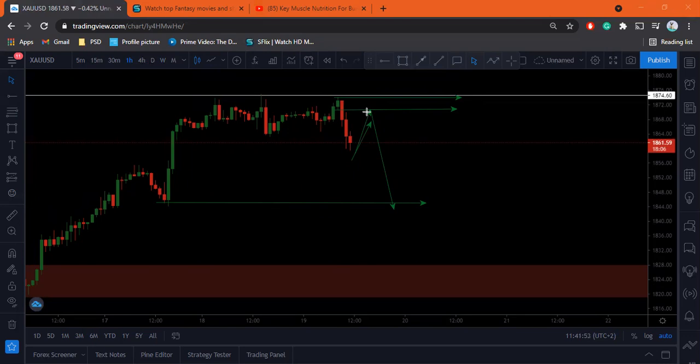But if price goes back into the range, then there are chances that price might not actually drop. Because if it's going back in the range, that means this is now a fake out, and price has room to try and push out of the range.